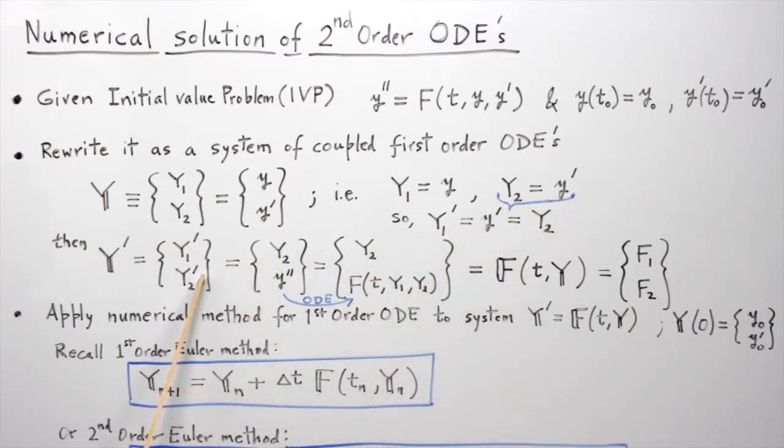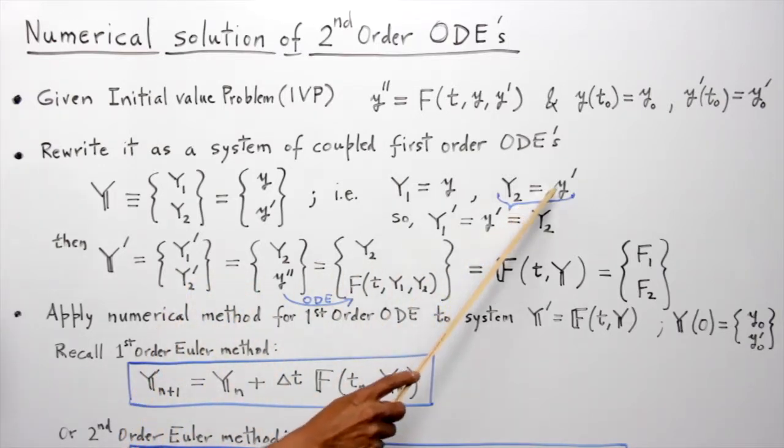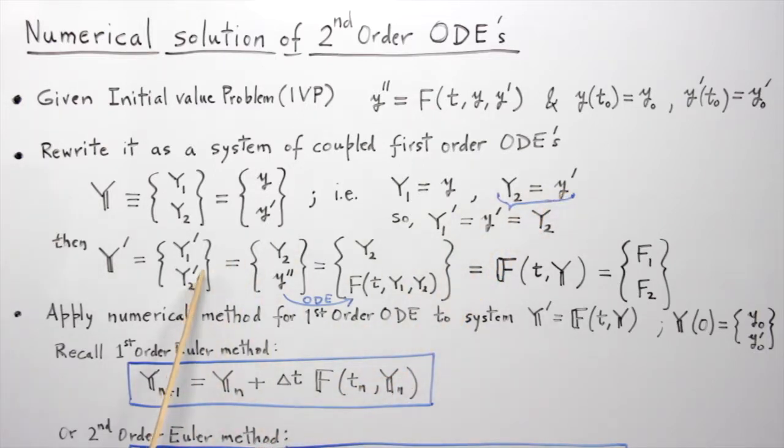And what is Y2 prime? Well, Y2 as we have noticed here is equal to y prime, and so one more prime on that would give us y double prime, the second derivative of y with respect to time. But the differential equation defines that for us. Y double prime is given by capital F, which depends on t, y, and y prime, so we're calling this Y1 and Y2.